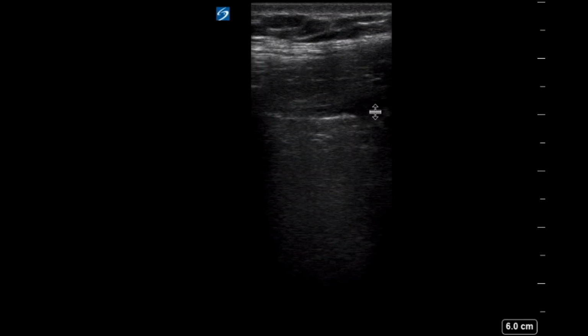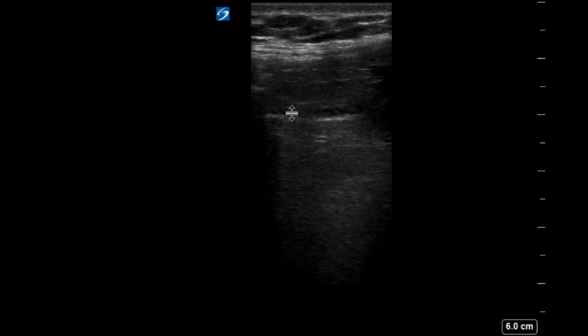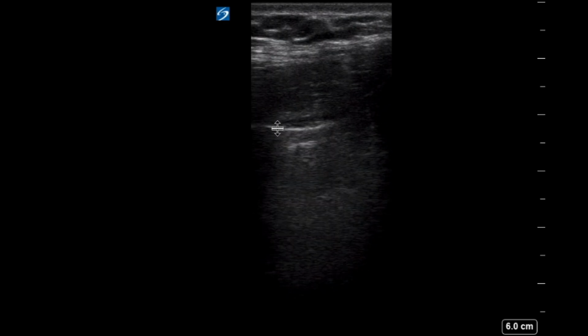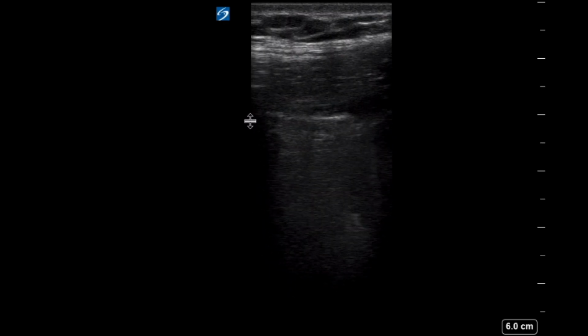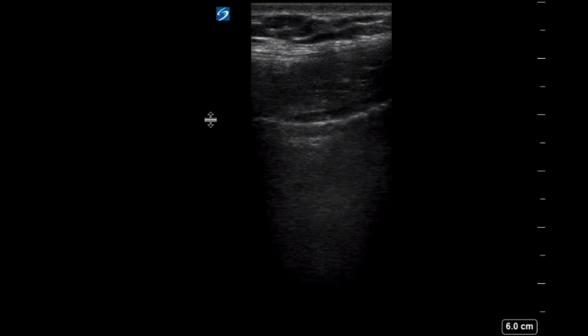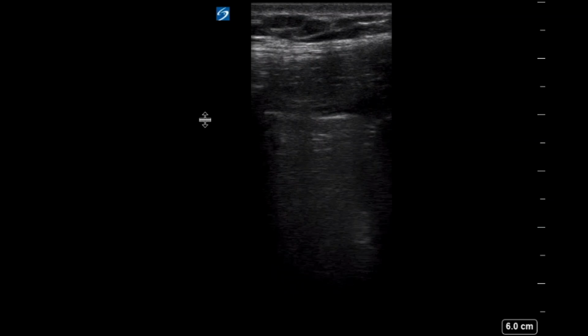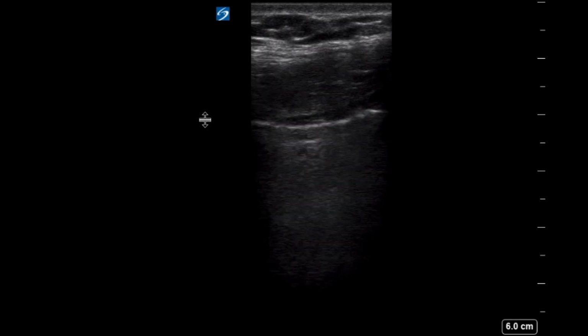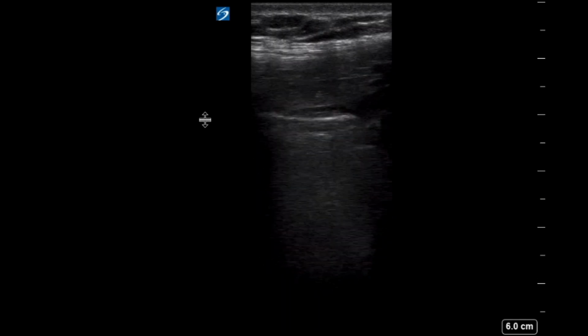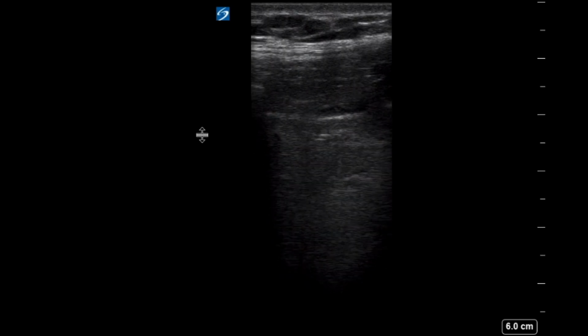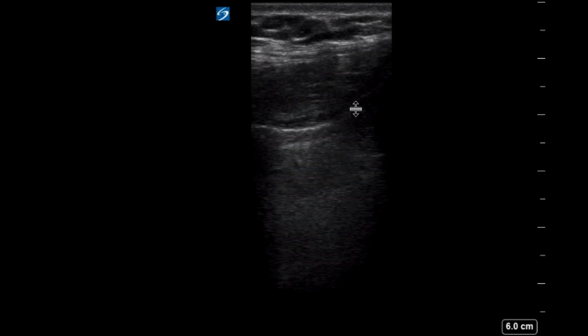So we have some lung sliding and some not lung sliding on the same pleural space. So this is called the lung point. This is the area where the pneumothorax has separated from the chest wall, and those two layers of the parietal and the visceral pleura have separated, and there's air between them. Okay. So this is pathognomonic for a pneumothorax here.